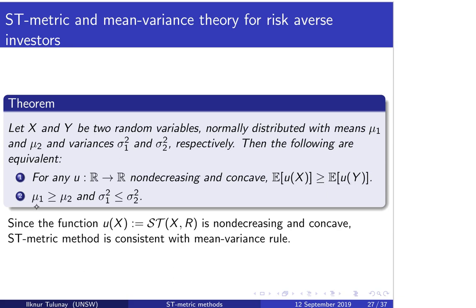This means that mu1 is bigger than mu2, while sigma 1 squared is smaller than sigma 2 squared. The higher the return, the smaller the risk, so this is the best investment option. It is required for the utility function to be concave, and the utility function defined using the ST metric satisfies this condition.